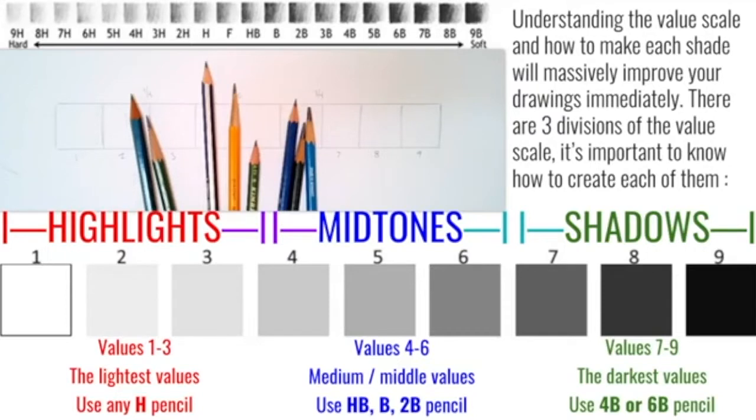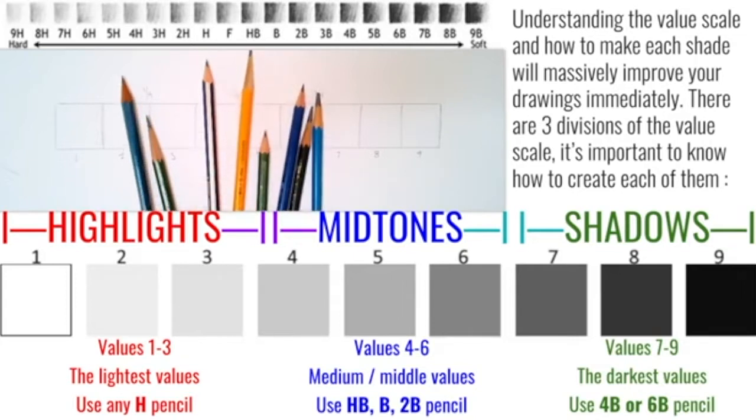Before we start actually shading, there's a specific way I'd like you to shade. There are some things that I think you need to understand about these pencils that you now have in your possession that are really going to help with your artwork. First thing you need to understand, before we start talking about the value scale, is that you really can break up the value scale into 3 different sections.